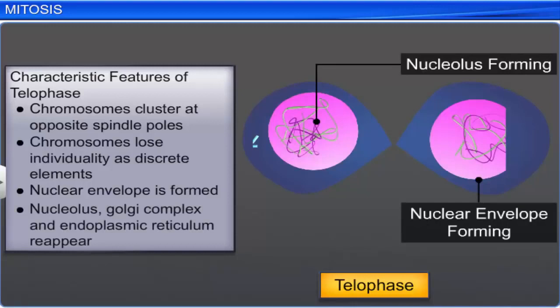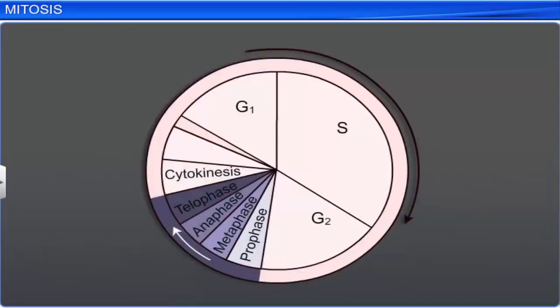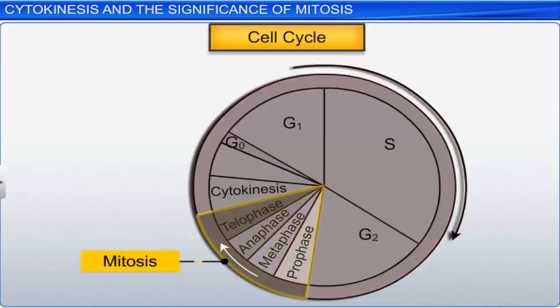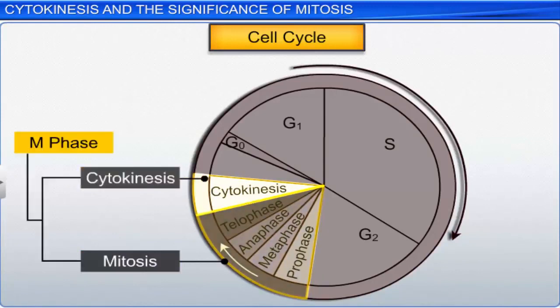Thus, mitosis is divided into 4 stages, at the end of which a cell segregates its chromosomes into 2 identical sets in 2 daughter nuclei. Mitosis or karyokinesis, along with cytokinesis, defines the M phase or the mitosis phase of the cell cycle.